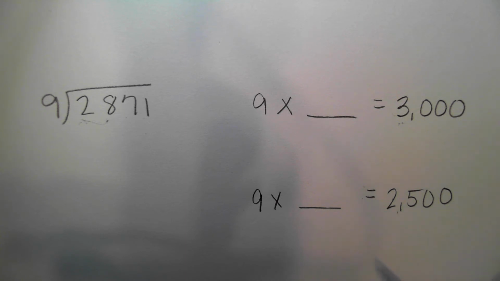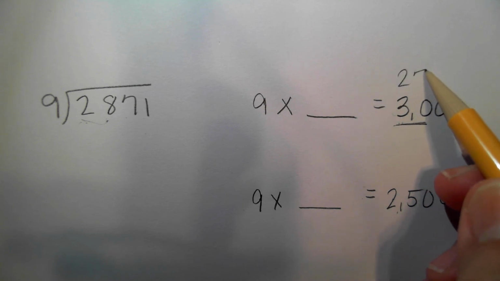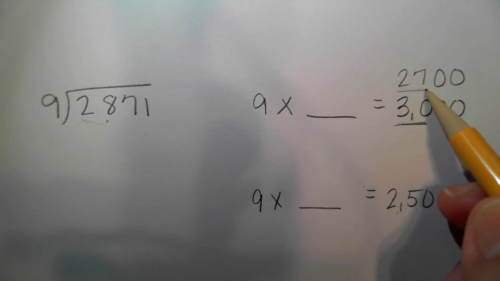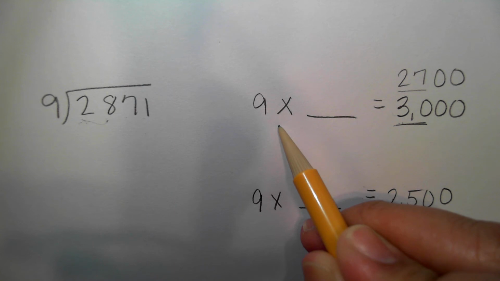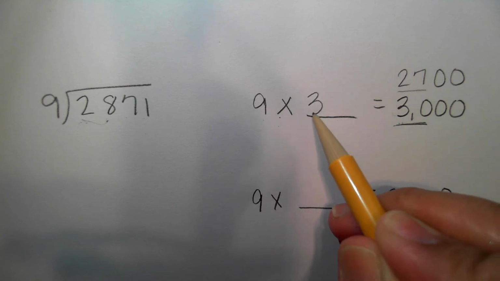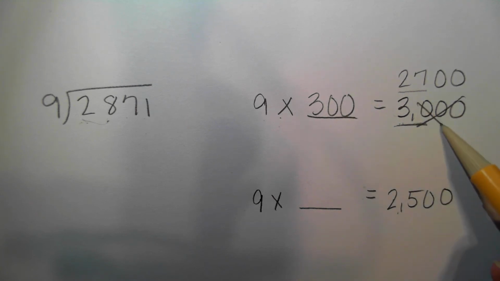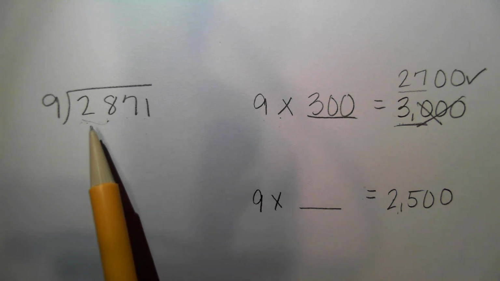I could probably change this number to a friendly number, 2,700, because I know 27 is in the fact family for the 9s. So I could say 9 times 300 would give me not 3,000, but this number right here, 2,700. But that's slightly less than this guy.